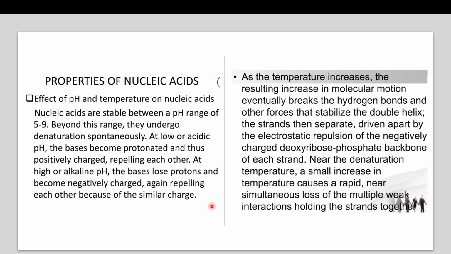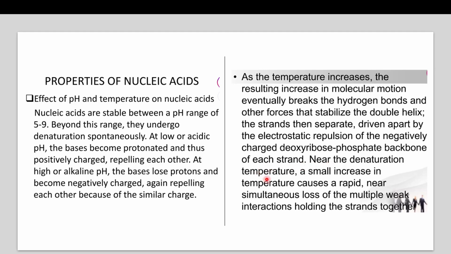Now, when we talk about temperature treatment, when the temperature increases, the resulting increase in molecular motion eventually breaks the hydrogen bonds between the complementary bases and other forces that stabilize the double helical structure. Hence, the strands separate, driven apart by electrostatic repulsion of the negatively charged deoxyribose phosphate backbone of each strand.